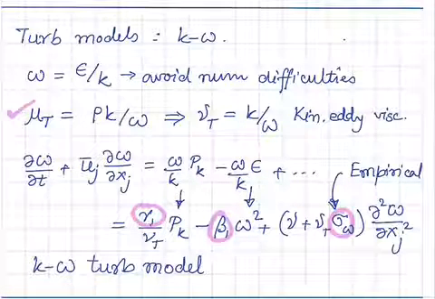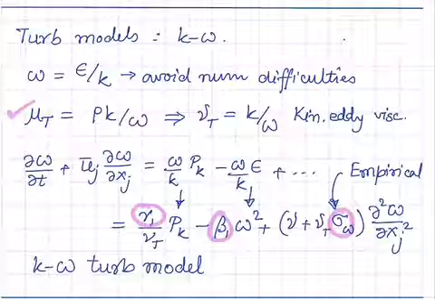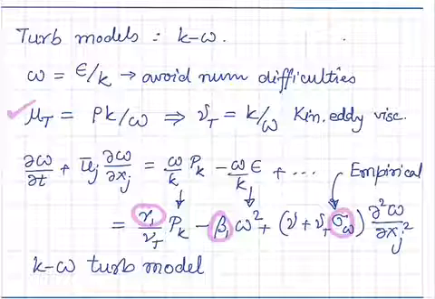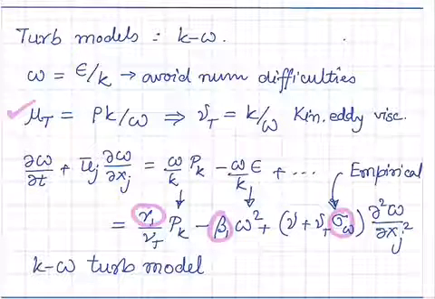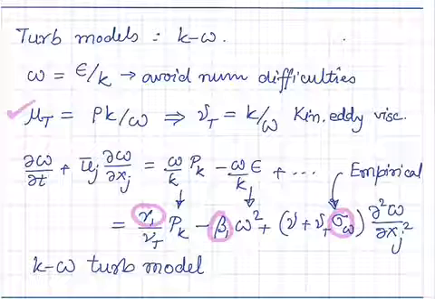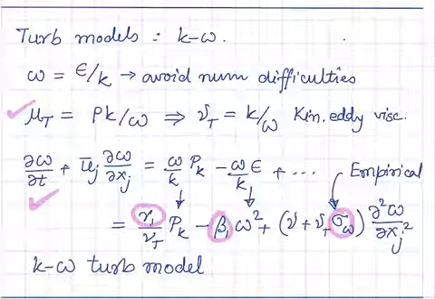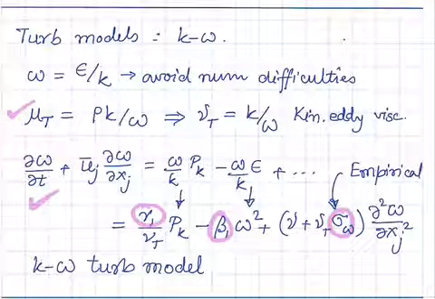There are other variants of k epsilon and k omega turbulence models. There are also other kinds of turbulence models which solve slightly different forms of equations. For example, they may write a similar equation for eddy viscosity directly instead of k and omega, as separate equations.